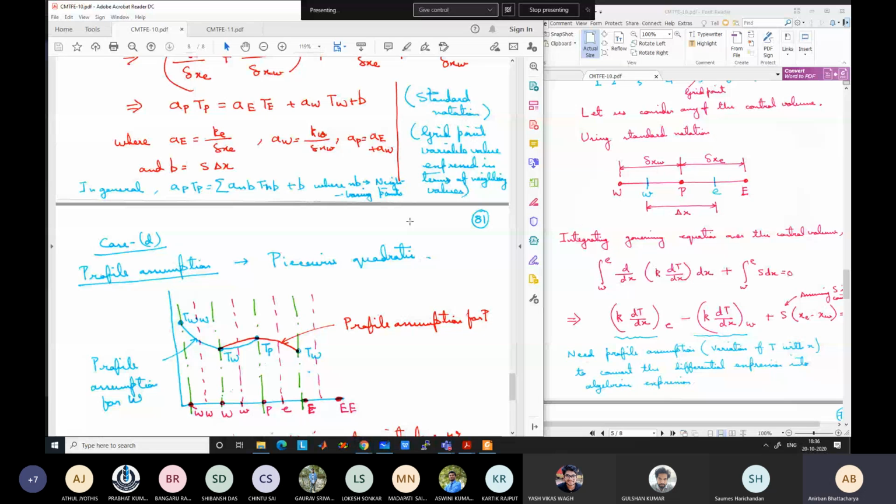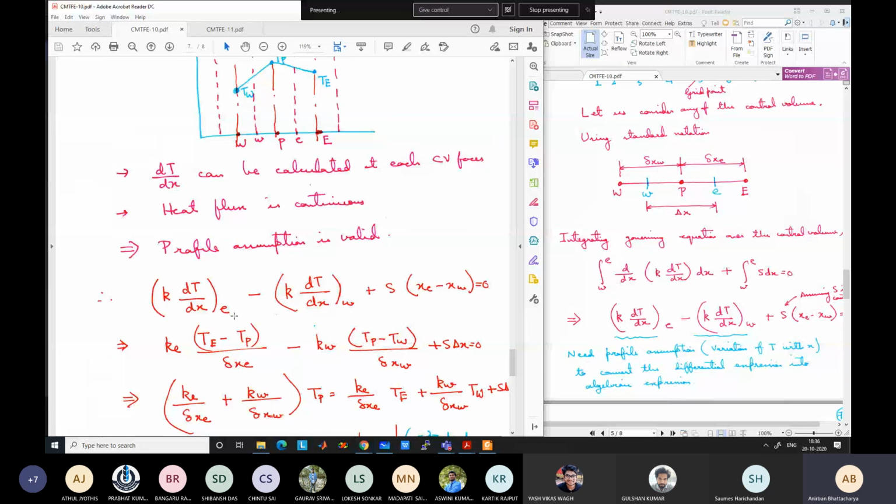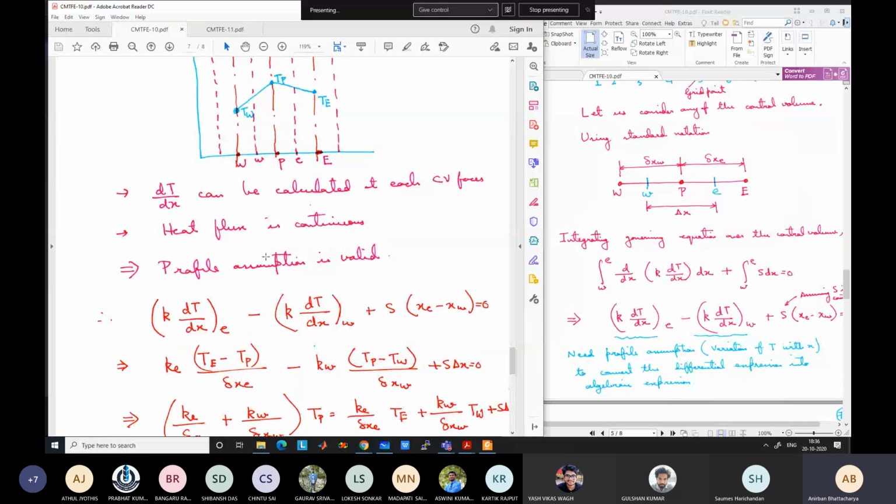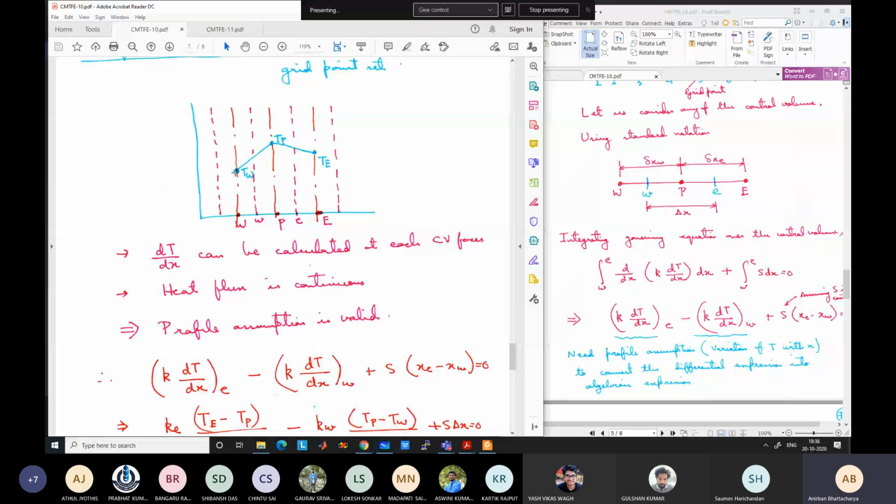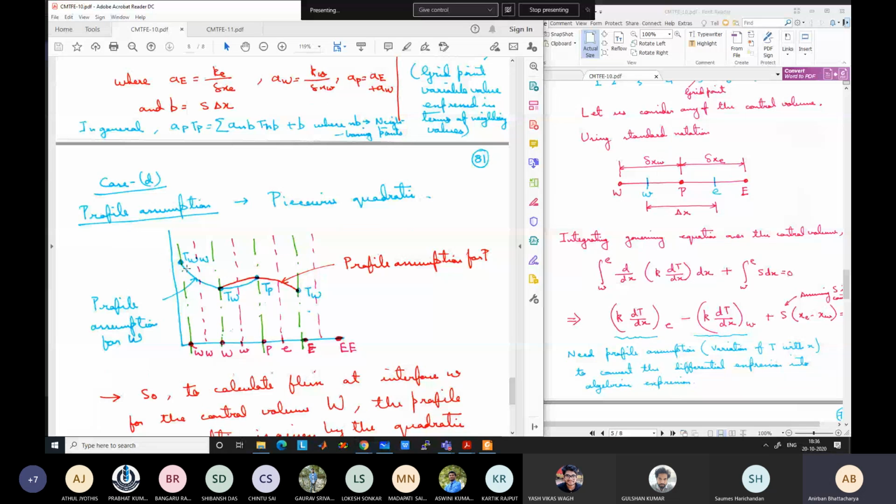Because here we were calculating the derivative at each interface based on two grid points, but with a quadratic, the curve is defined by three grid points. So let us try to see what happens in that case.